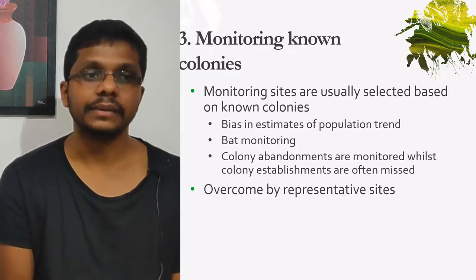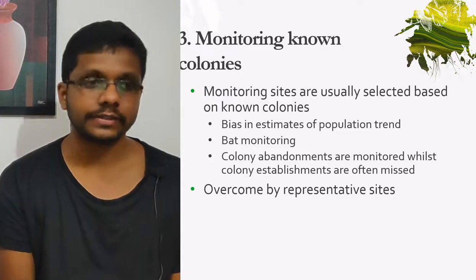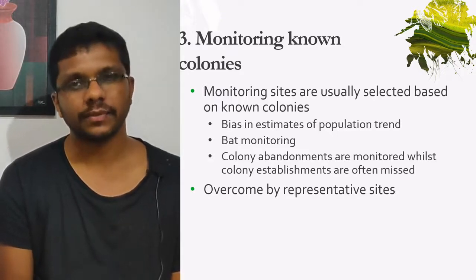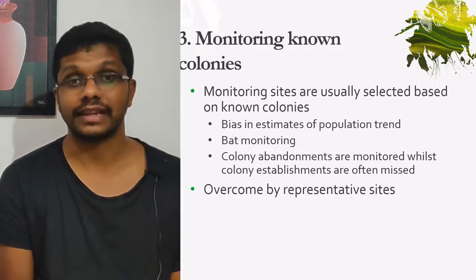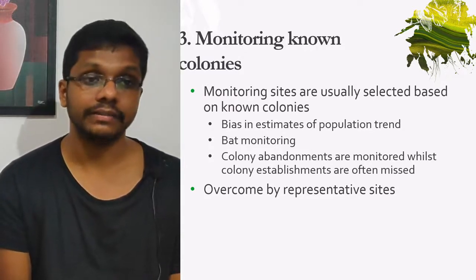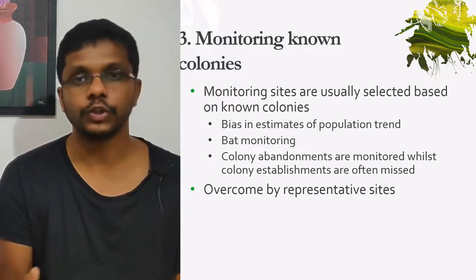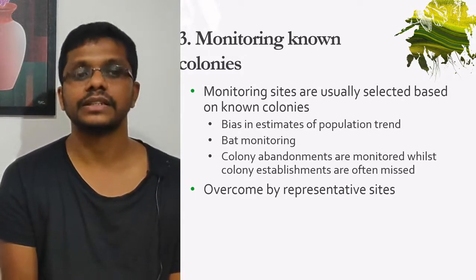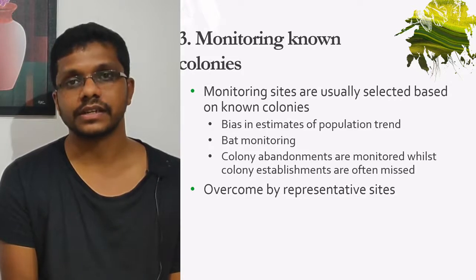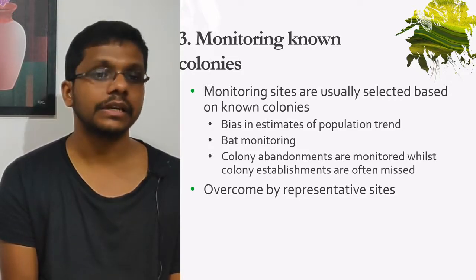Then the third limitation is monitoring colonies. Some of the animals or birds live in colonies, just like bats. They are living in huge colonies, so there is a chance for changes in these monitoring practices.